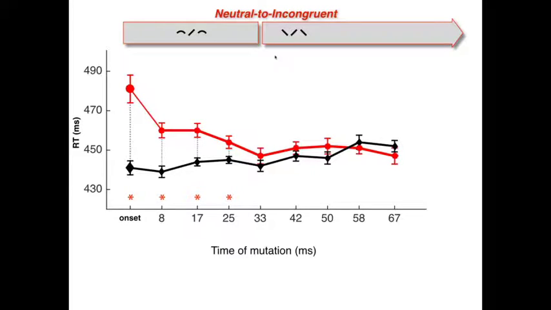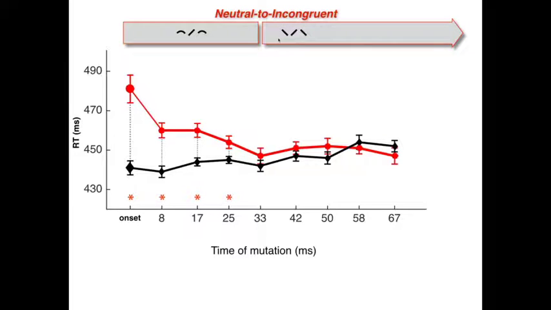But when incongruent distractors appeared 33 milliseconds after onset or later than that, they remained completely inconsequential. They were completely ignored. I remind you here, the neutral distractors were presented for 33 milliseconds and then fully masked by incongruent distractors that were presented for another 420 milliseconds, more or less.